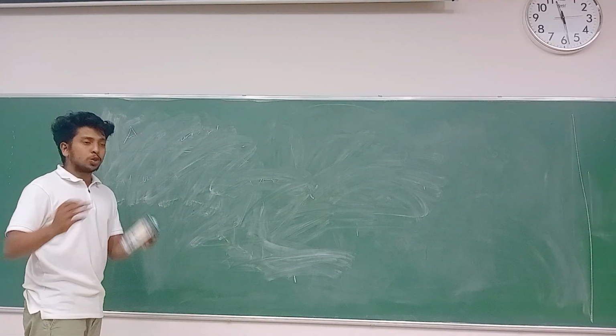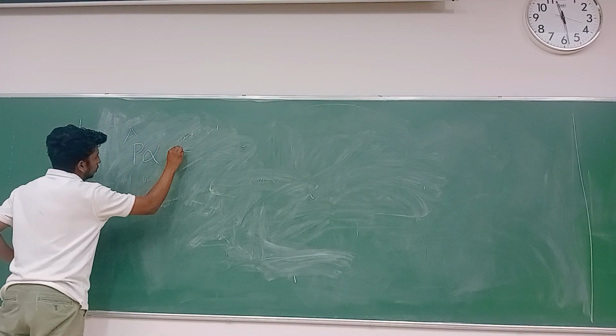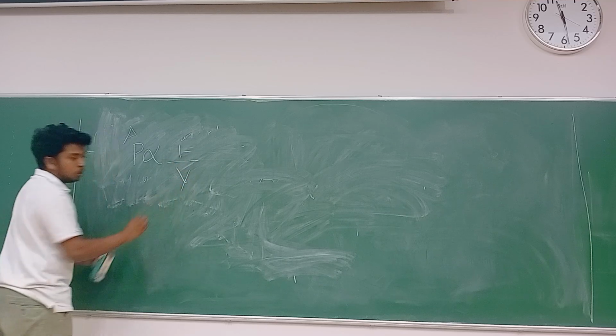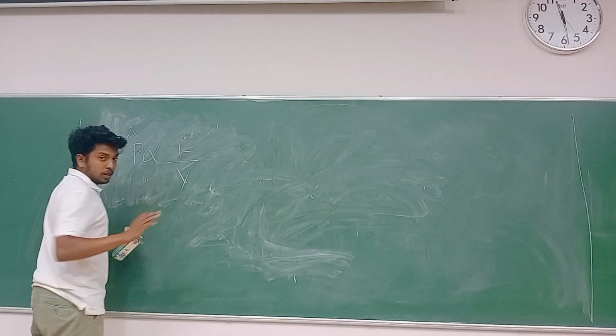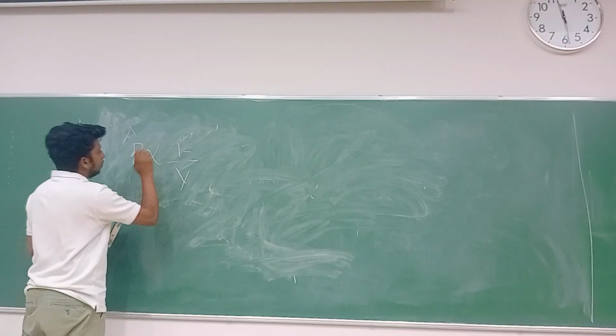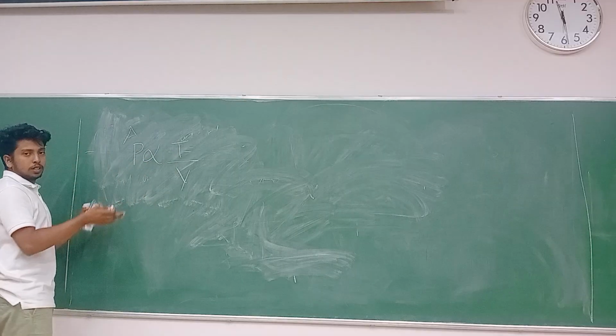When we combine them, we get that volume is directly proportional to 1 by pressure, from Boyle's law. Then we add temperature: when applying temperature, pressure is directly proportional to temperature, that's Gay-Lussac's law.